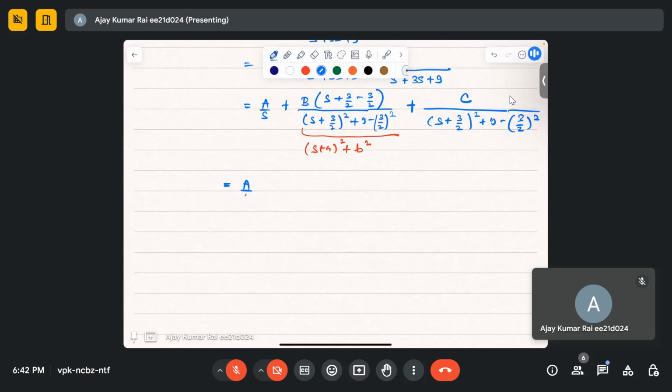So you can write in this form: a by s plus b (s + 3/2), over (s + 3/2) square plus 9 minus (3/2), this is whole square.